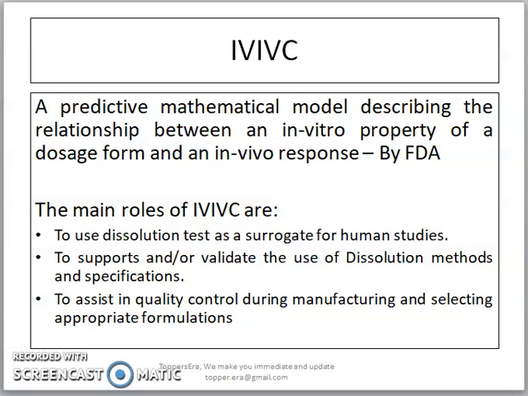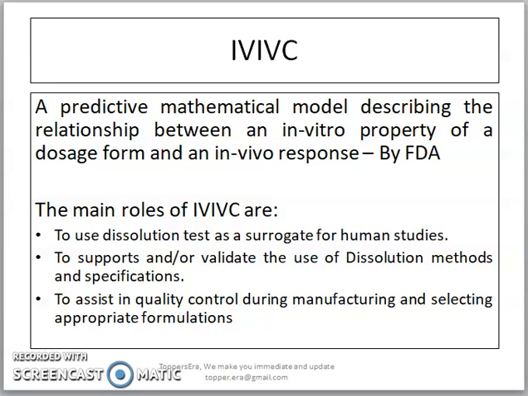Another important criterion to establish is IVIVC. This is in vitro in vivo correlation. By FDA, it is defined as a predictive mathematical model describing the relationship between an in vitro property of a dosage form and in vivo response.